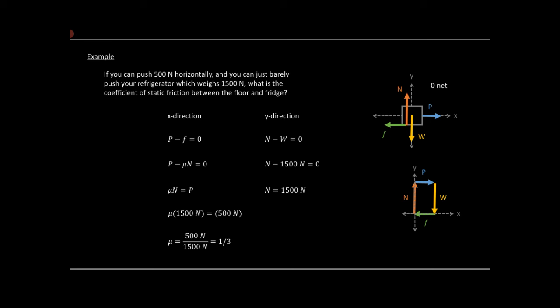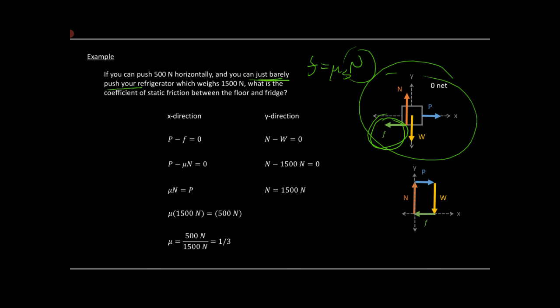Okay, so the difference between this and the first example is that both directions were very, very important to solving it. That's because the friction, which was, we're just barely able to push it, so that means our friction is at its maximum, which is mu s N. That friction is proportional to the normal force, and the normal force is perpendicular to the friction.